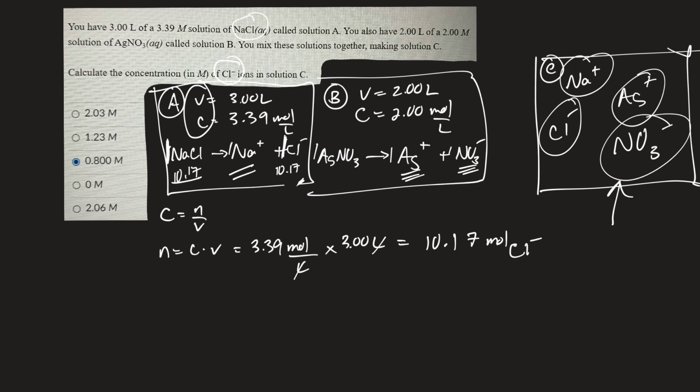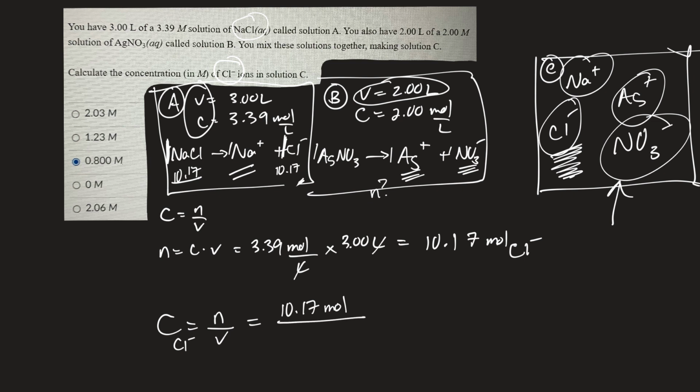Now, the other solution doesn't have any chloride ions in it, so I don't have to worry about figuring out moles on that side. But I do have to worry about that volume. If they want to know the concentration of chloride ions in that solution, the formula is moles over volume. The moles I have are 10.17 moles divided by the total volume inside there.